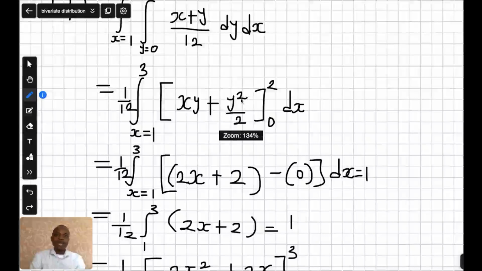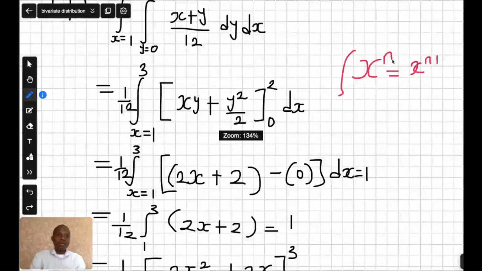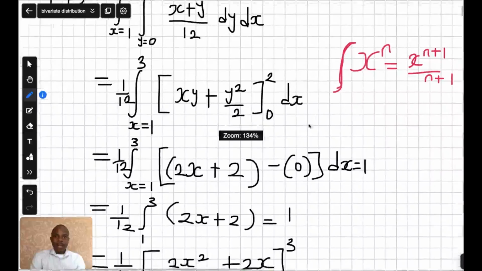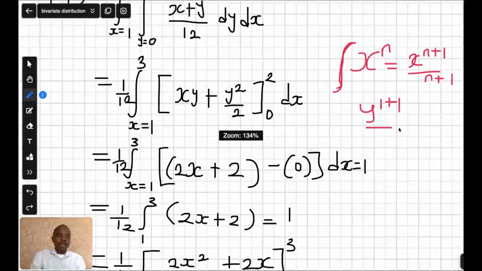Don't forget that the integral of x raised to the power of n will be x raised to the power of n plus 1, divided by n plus 1. Don't mind the way this looks; this actually means integral. Since it was y raised to the power of 1 before, I just added 1 and divided by 1 plus 1.